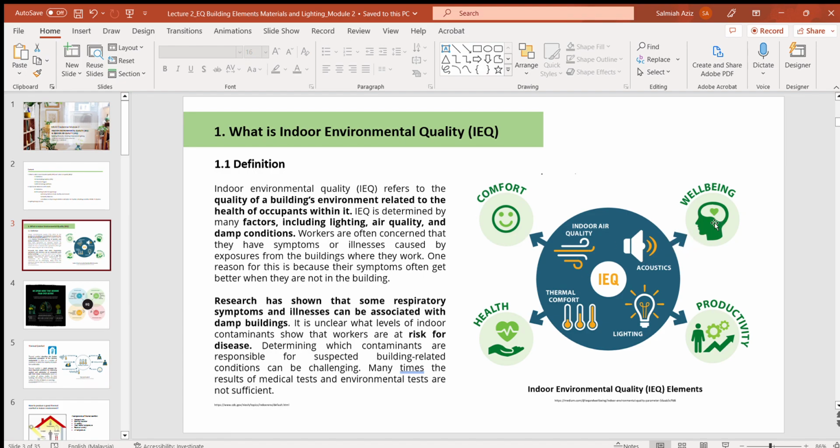This is defined for a bigger scope. For example, well-being is checked in detail in terms of acoustics. Productivity: a good lighting design could increase the productivity of people, for example someone working in a classroom.